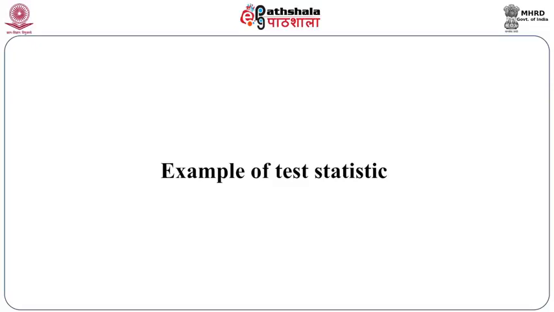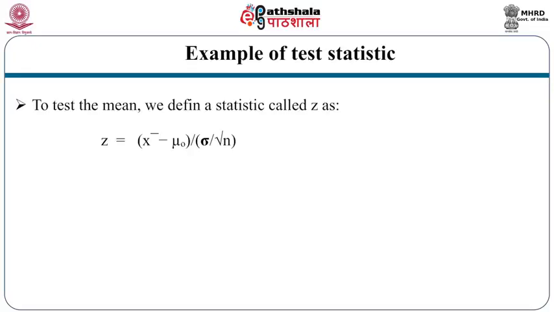Now, take for example, whenever we want to test a hypothesis, particularly to test the mean, we define a statistic called Z. Z is defined as x bar minus mu naught divided by sigma by square root of n.